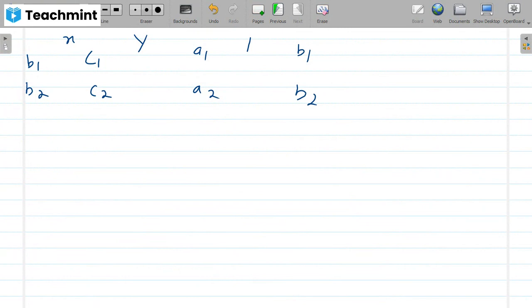Okay, and then we take cross multiplication, multiplying these numbers, and for the value of y, multiply both numbers, and for the value of 1, this one.